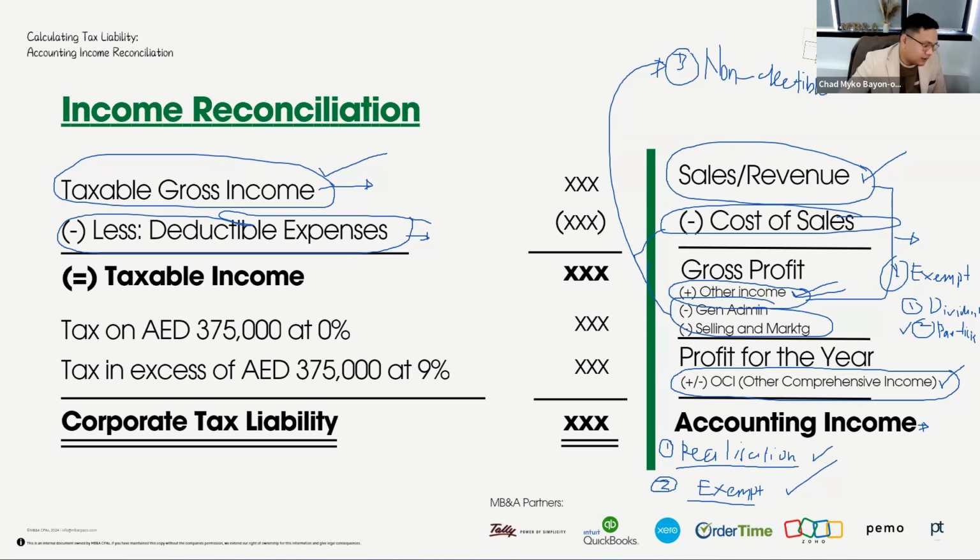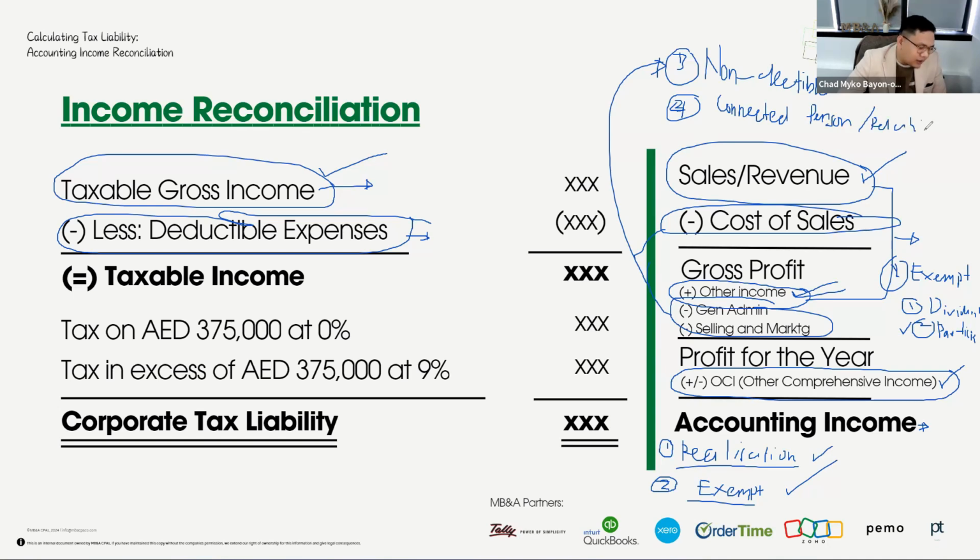a limit of 50%. And the other adjustment that we have, the fourth adjustment, is the connected person. So we have here the connected person adjustment also. So connected person or related party.